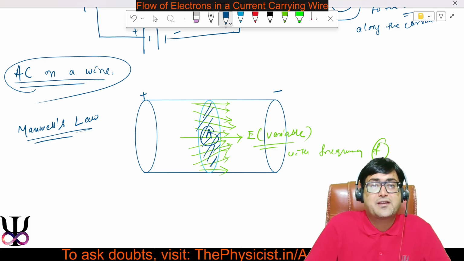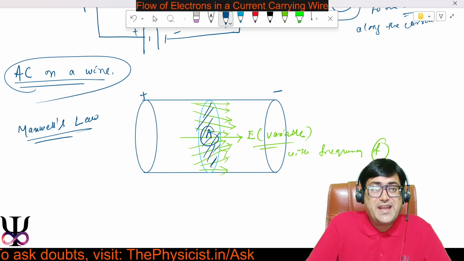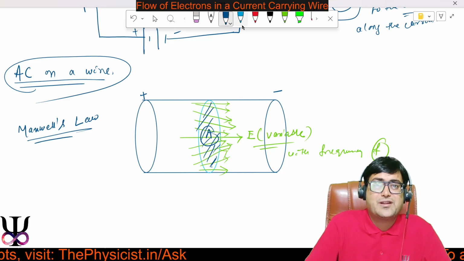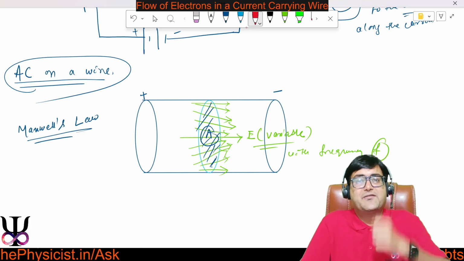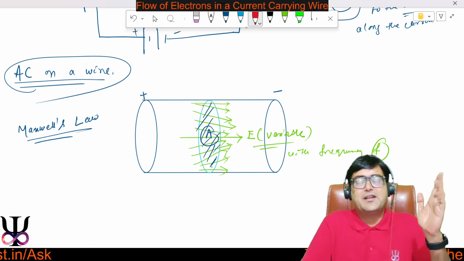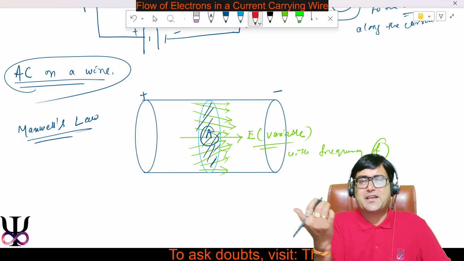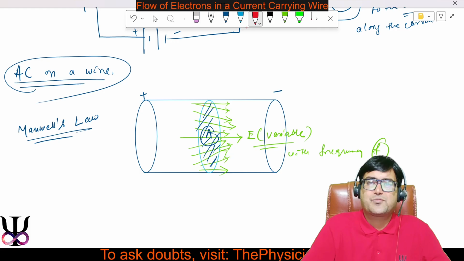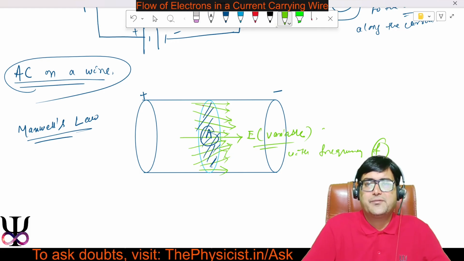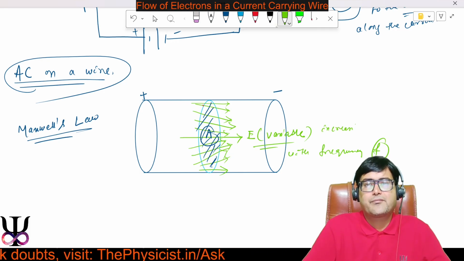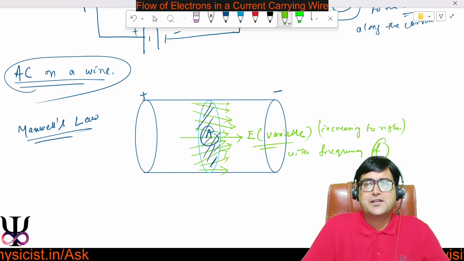Since the electric field is a variable, it depends on whether the electric field is increasing or decreasing. Let's say the electric field is increasing to the right.